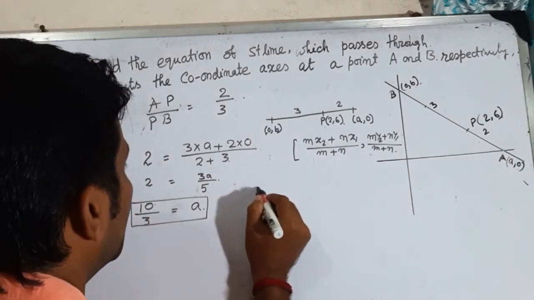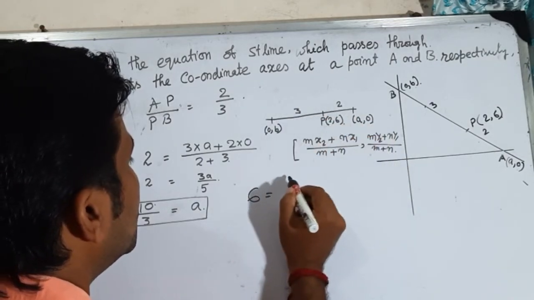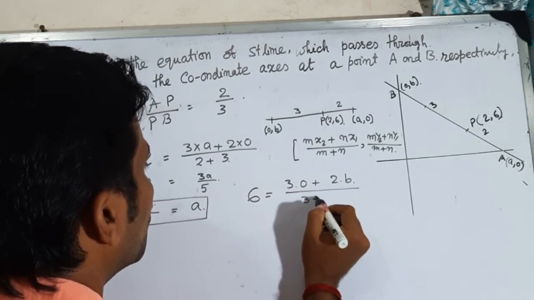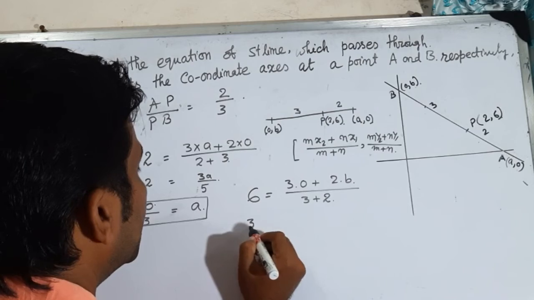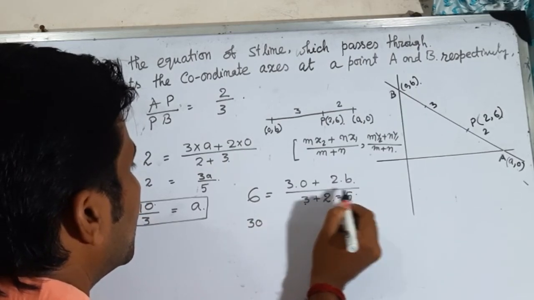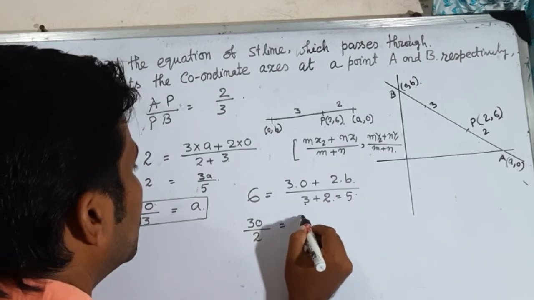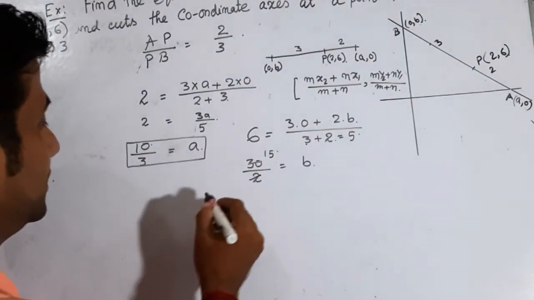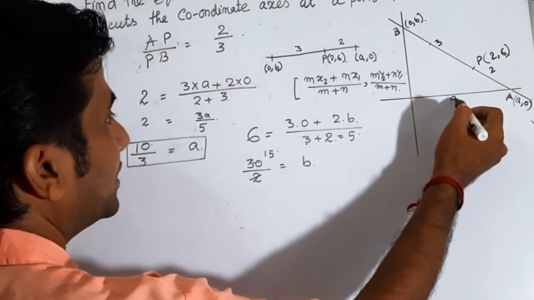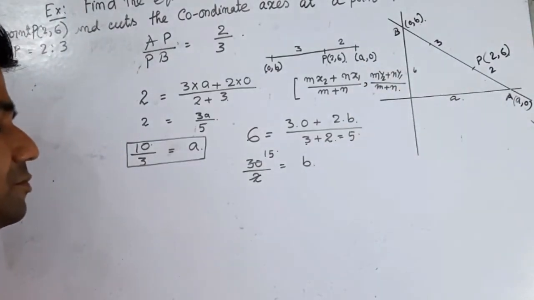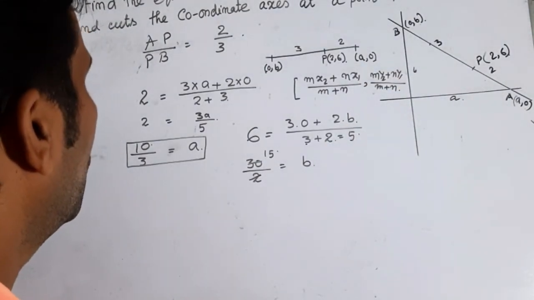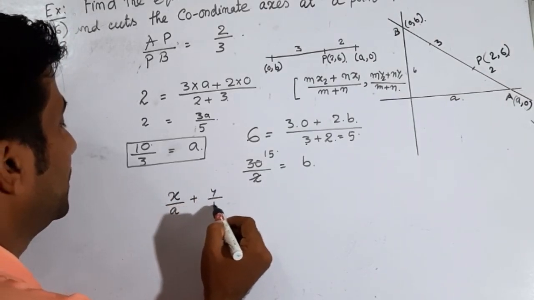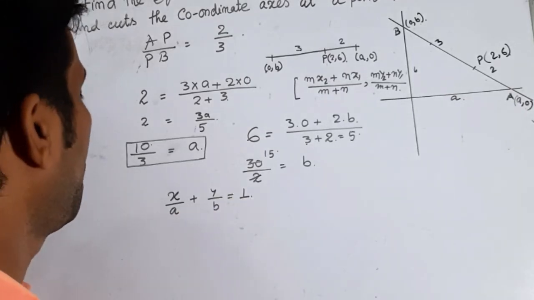Now 6 is equal to 3 into 0 plus 2 into b by 3 plus 2. So 30, 3 plus 2 means 5, 30 by 2 is equal to b, or b means 15. So the equation of the straight line, since it cuts the x-axis at A and the y-axis at B, by the formula of the intercept form we get x by a plus y by b is equal to 1.